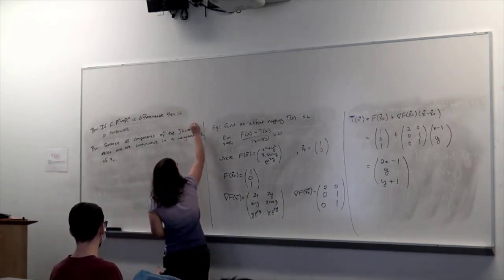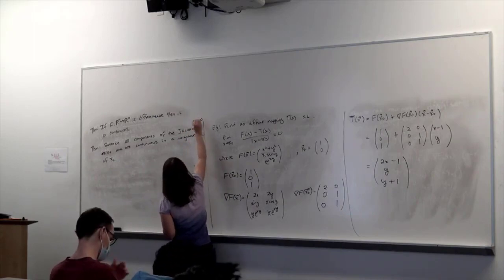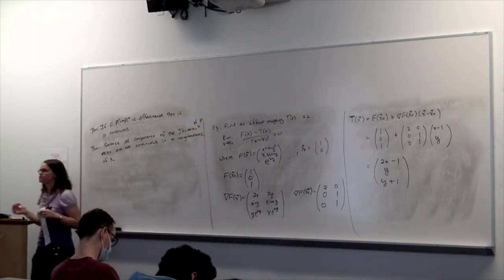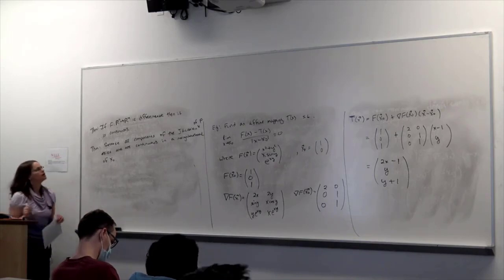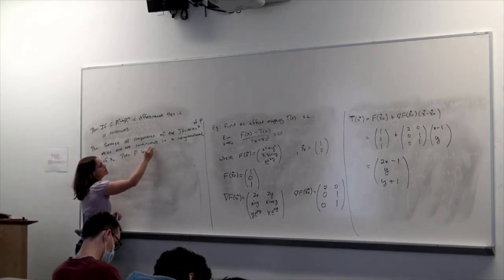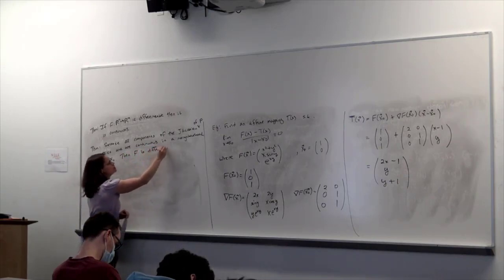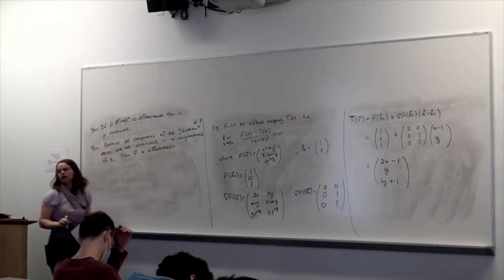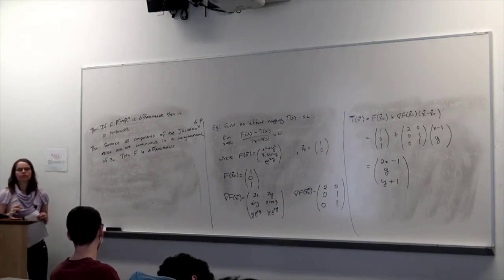All components of the Jacobian of f, then that gives us that f is differentiable. Okay? And again, that's not something we need to reprove. It works because we can take this component by component.